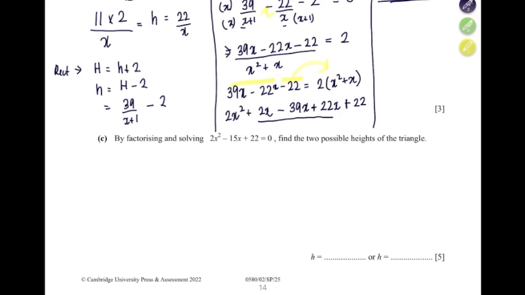Okay, by factorizing and solving 2x squared minus 15x plus 22, find two possible heights of the triangle. So let's factorize it. To factorize, let's break this 15 into two numbers. 2x squared minus 11x minus 4x. This is 15x.